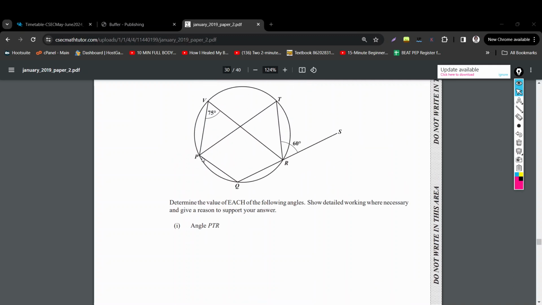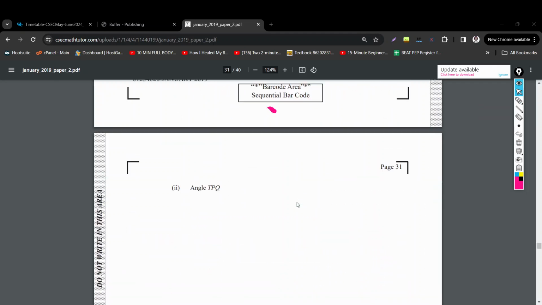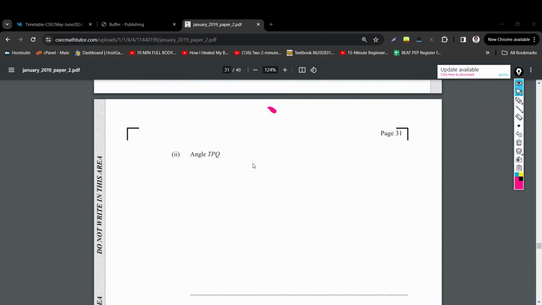So, we need to find PTR. So, guys, the angle is always where the middle letter is. So if we were to mark the angle, then the angle would be right here. This is the angle that I'm asking for. So this is pretty easy. And the next angle that I asked for is TPQ.